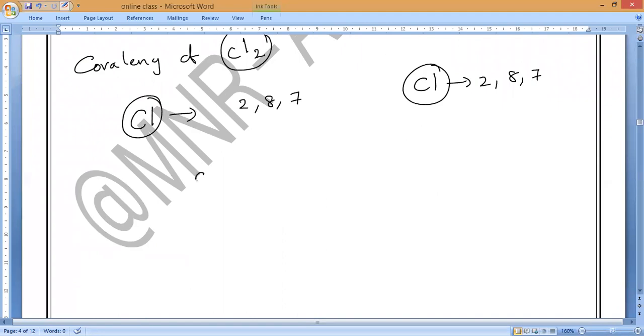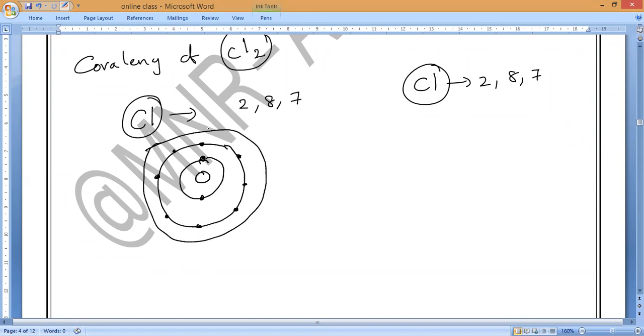Now if you draw the structure, what will come, guys? You should speak. First shell, 2 electrons. Is it yes or no? Second shell, how many? 8 electrons: 2, 3, 4, 5, 6, 7, and 8. Next shell, 7. They are having 7.